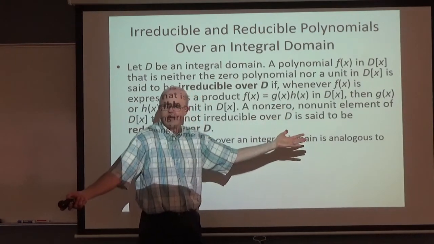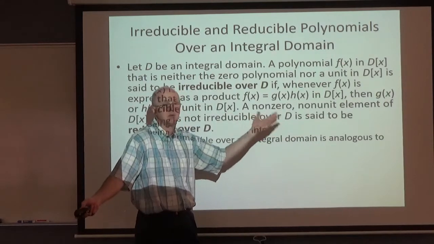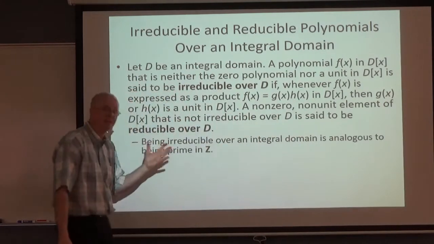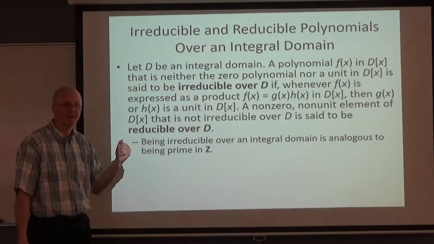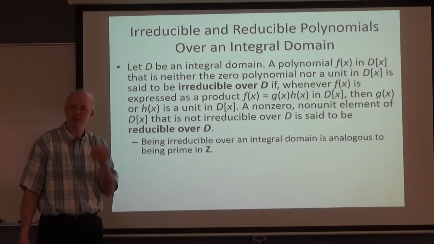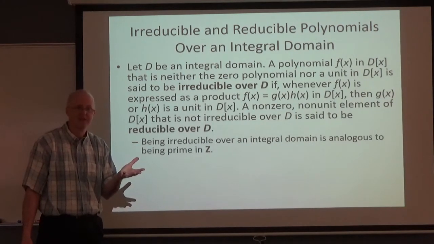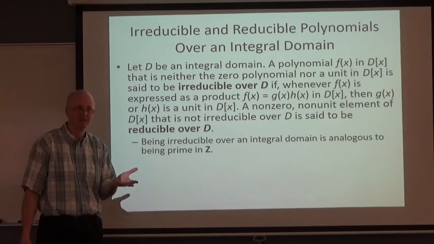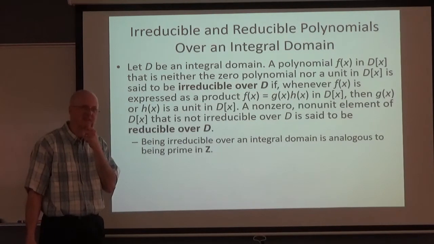We typically think about positive numbers, but here if we're thinking in Z including negative numbers, it could be plus or minus 1, because those are the units in Z. Anytime you write a prime number as a product of two integers, one or the other of them has to be plus or minus 1. The units of Z. It's analogous to it.